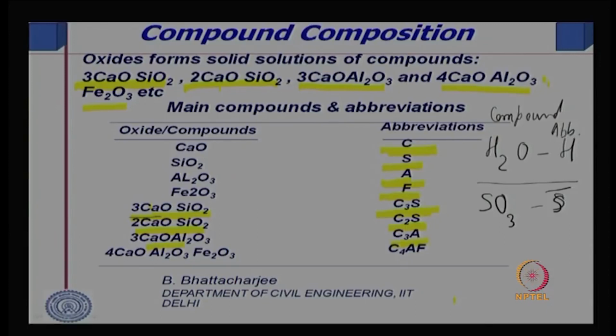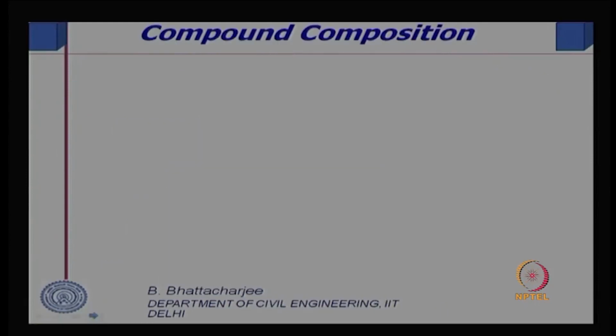Tricalcium aluminate, so we call it C3A, and this is called tetracalcium aluminoferrite, C4AF. All right. So, this is the abbreviated form of the compounds, and now onwards we will be using mostly this and surely not this kind of compound formation. So, let us see the nomenclature.